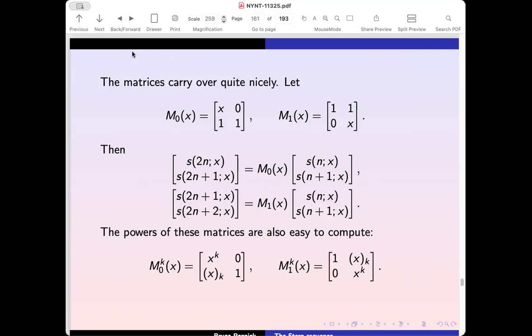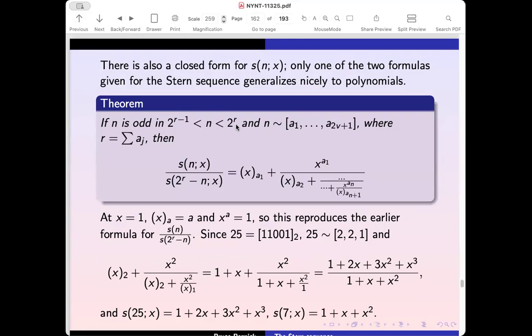The matrices carry over pretty well. One of the closed forms comes over well. S(n) over S(2^r - n) is this expression here, where a_i is replaced by this polynomial x^{a_i}, and the 1 is replaced by x to the a_i. When x goes to 1, you get back the previous form.